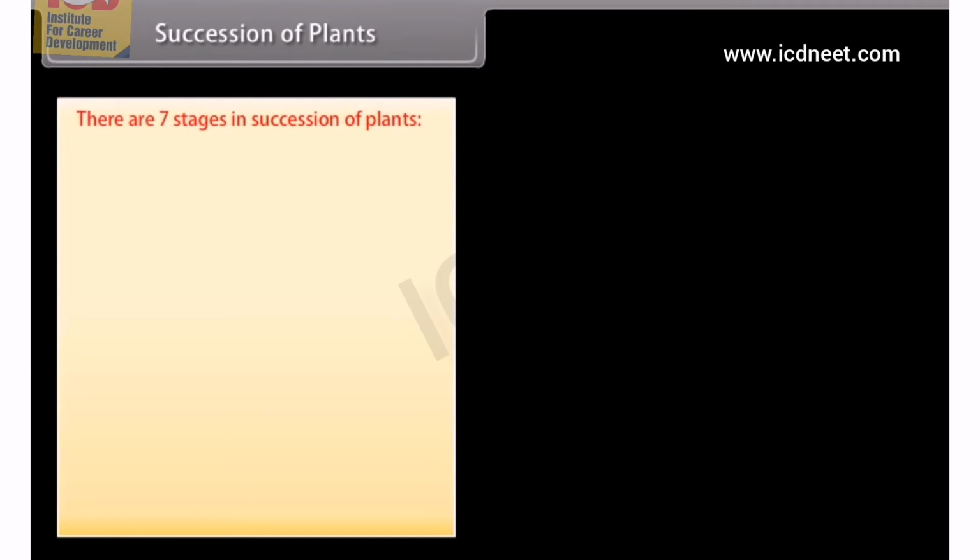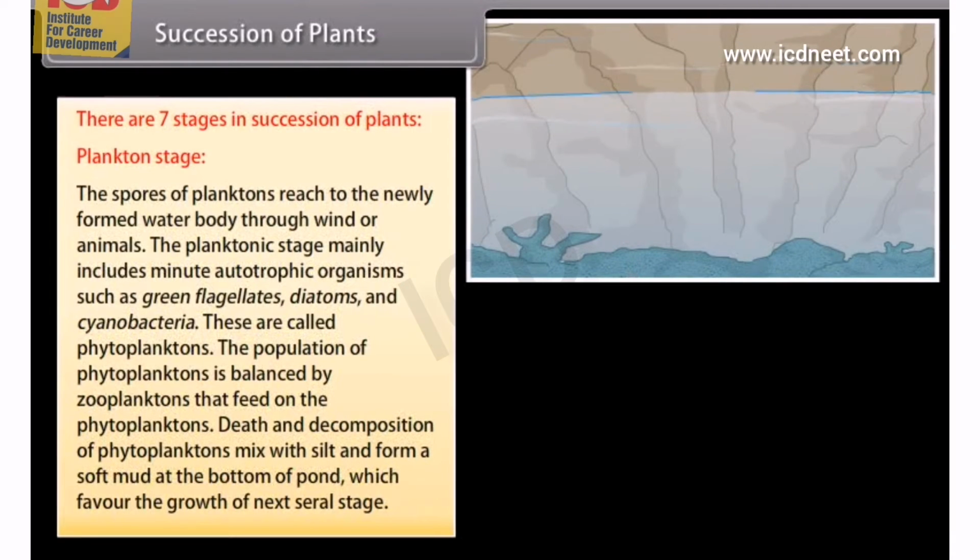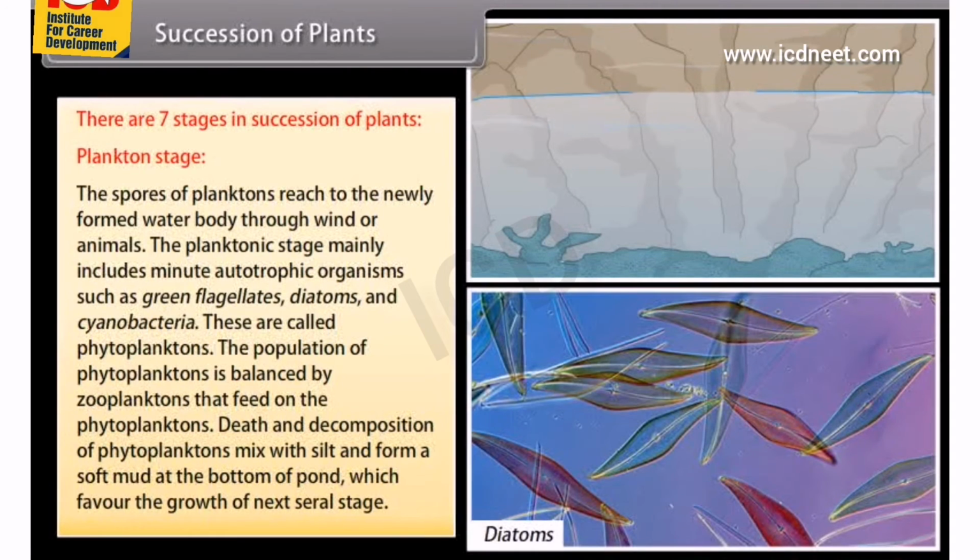Succession of plants. There are seven stages in succession of plants. Plankton stage. The spores of planktons reach a newly formed water body through wind or animals. The planktonic stage mainly includes minute autotrophic organisms such as green flagellates, diatoms, and cyanobacteria.